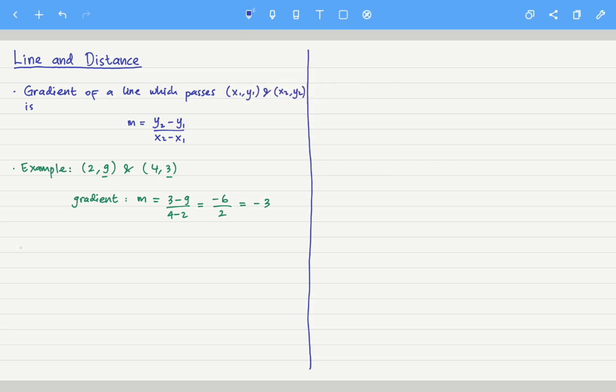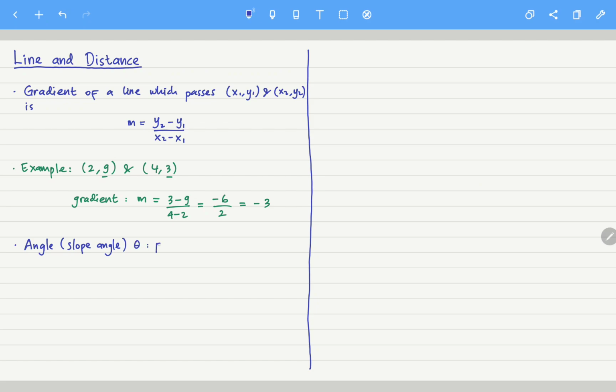Next, we have the definition of angle, or you can also call it slope angle, and we usually call it by theta.